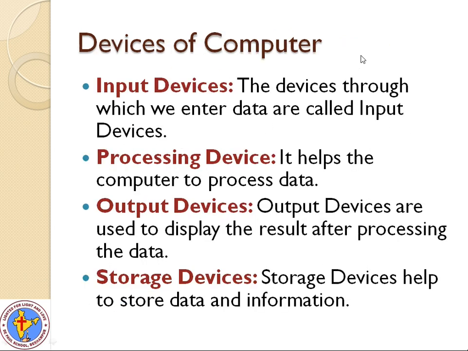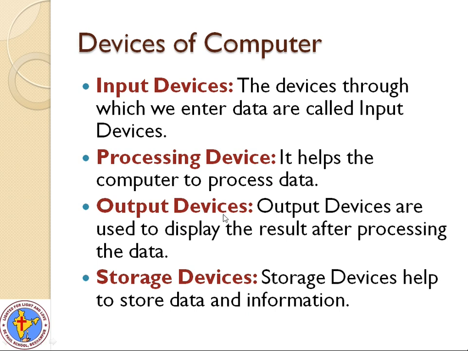Now different devices used in a computer. So different devices are input devices, processing device, output devices and storage devices. What do you mean by input devices? The devices through which we enter data are called input devices. Processing device which helps to process the data.